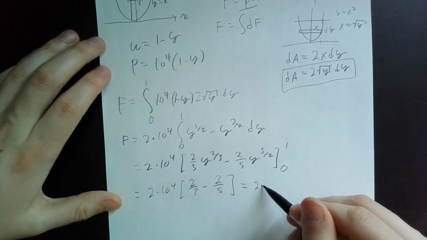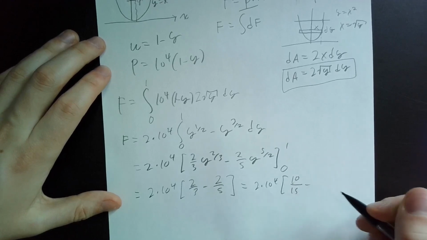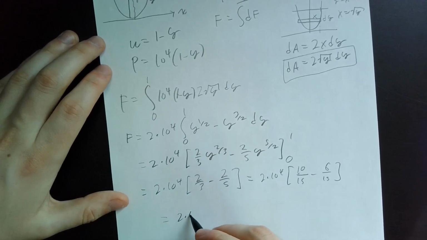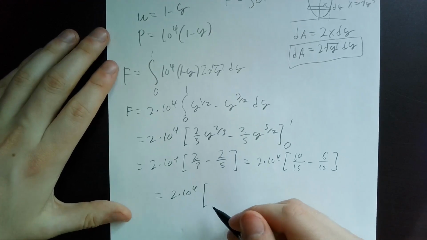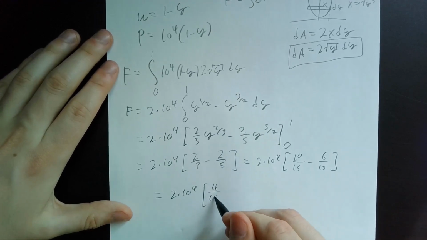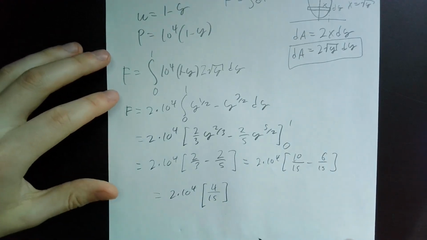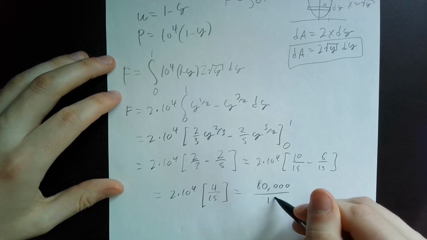That's going to be equal to 2 times 10 to the 4, times 10 over 15 minus 6 over 15, which will be equal to 2 times 10 to the 4, times 4 over 15. Now, that leaves us with 80,000 over 15.